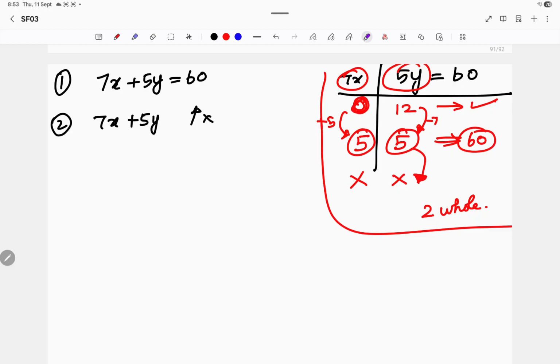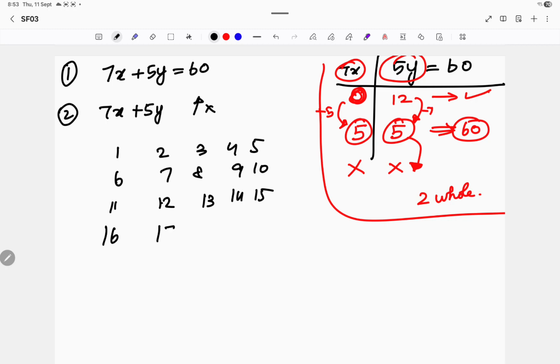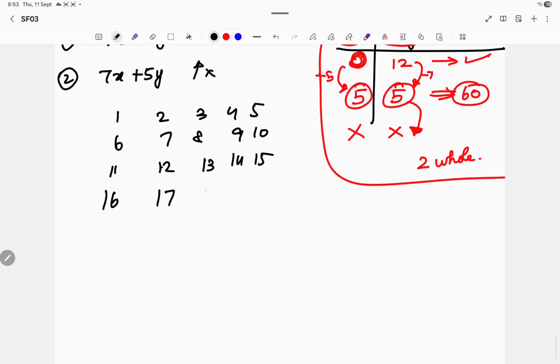And here, what is the highest number that cannot be expressed? Let me write the numbers in columns. Let me write in 5 columns: 1, 2, 3, 4, 5, 6, 7, 8, 9, 10, 11, 12, 13, 14, 15. I'll at least have to write until, let's say, 35 to 40. 18, 19, 20, 21, 22, 23, 24, 25 and 26, 27, 28, 29, 30.